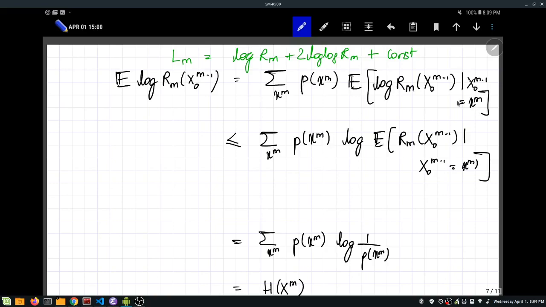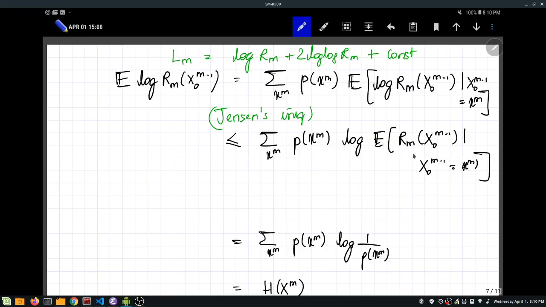Now, simply using Jensen's inequality, the expectation of the log of a random variable is less than or equal to the log of the expectation of the random variable, because log is a concave function. So the expectation of log R_m is less than or equal to the sum over all x_m of p of x_m times log of the expectation of R_m conditioned on x_0 to m minus 1.